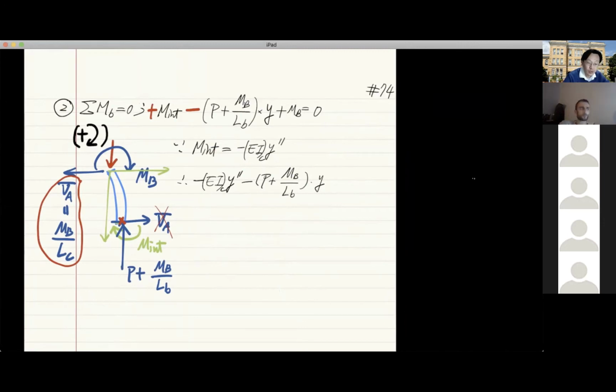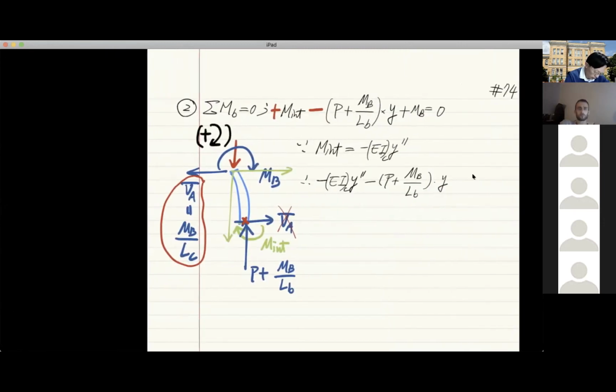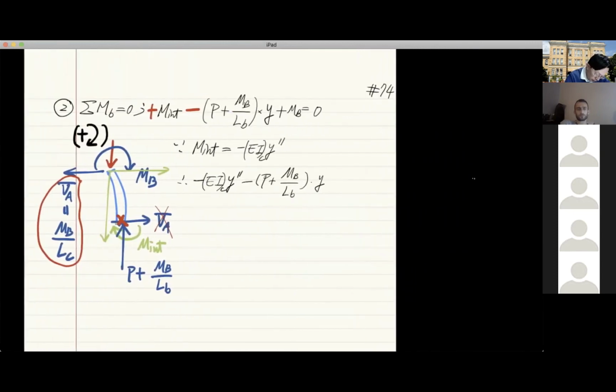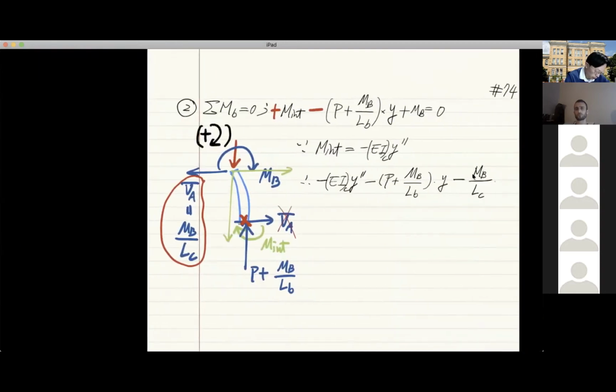With respect to this point here, this VA will produce a counterclockwise moment, so it's negative. That means it will be minus VA, but we're just going to use MB divided by LC. And the distance from this point to this point is X.